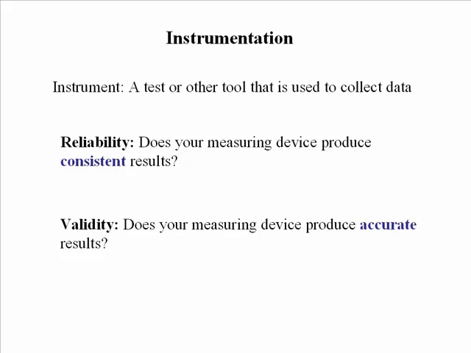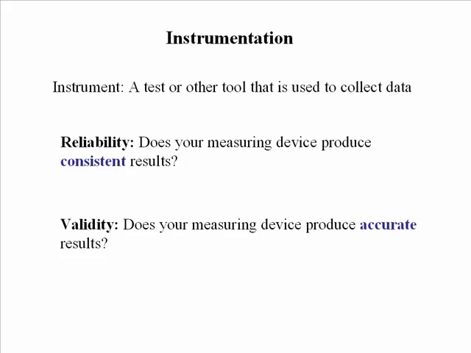In particular, reliability is concerned with the consistency of the information that is being collected. And validity, on the other hand, is concerned with the accuracy.